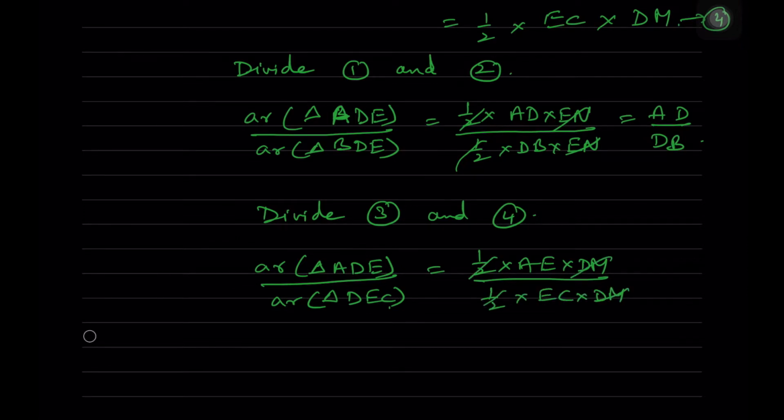DM and the half cancel, which gives AE by EC. Take this as equation A and this as equation B.